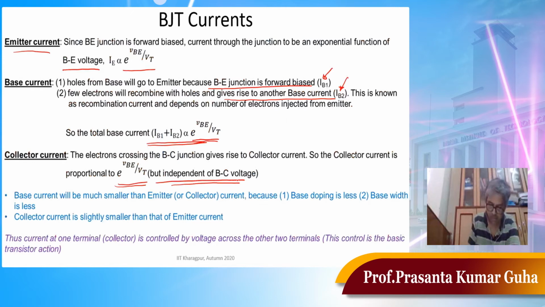The point to be noted is that the base current will be much smaller than the emitter or collector current because the base doping is less and the base width is less.